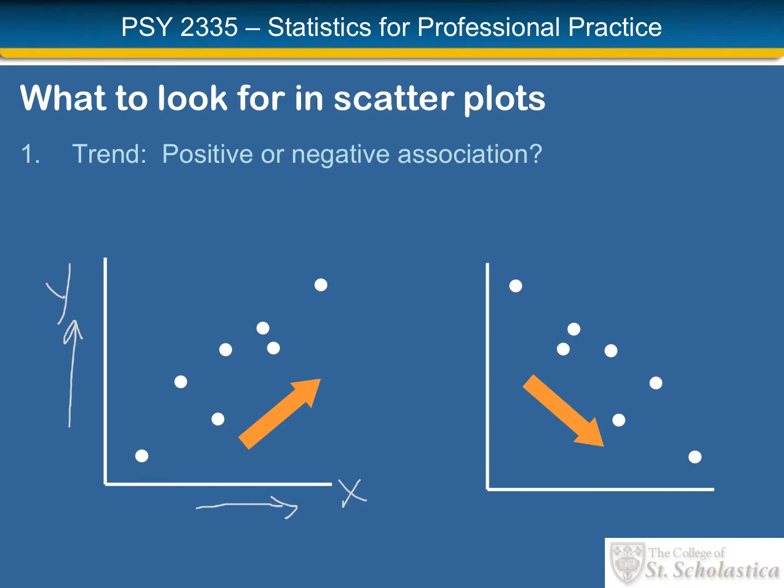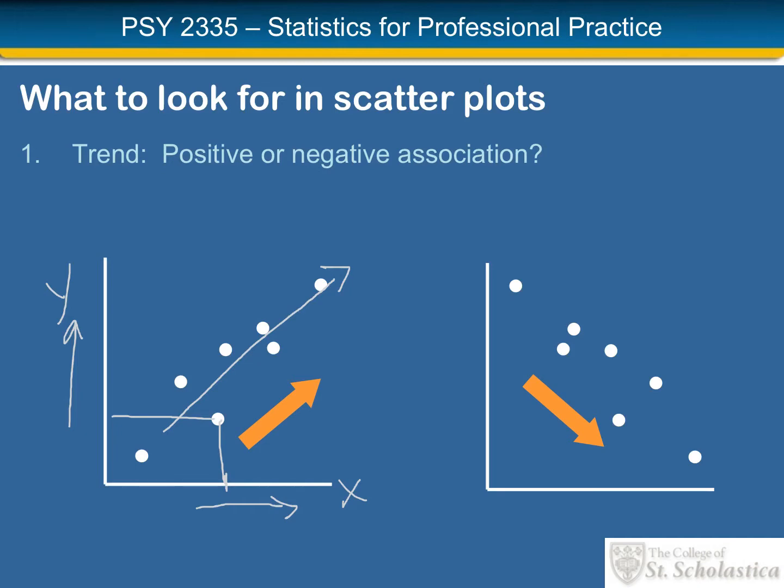And there's several things that we can look at when we plot cases according to their value on the x variable and on the y variable. One of the first things that we look for is whether there's a positive or a negative association. In a positive association, as the value of the x variable gets larger, so does the value of the y variable.